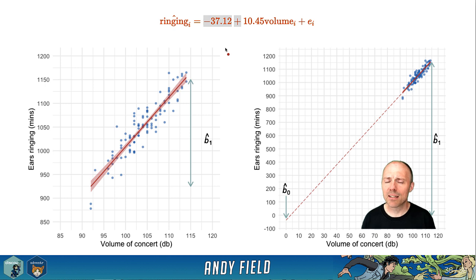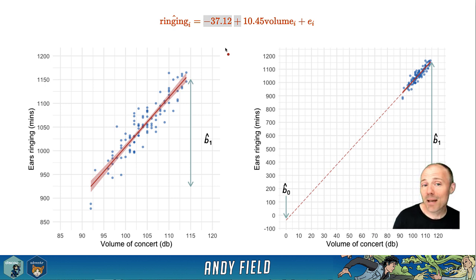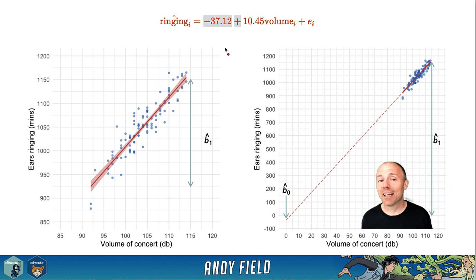You'd expect the intercept to be 0, you'd expect no ear ringing if you've had no volume, but in actual fact it's predicting that you'd have minus 37 minutes of ear ringing. It also illustrates the fact that the values you get out of these models can be ridiculous. It makes no sense to have your ears ringing for minus 37 minutes. Like, what does that even mean to anyone?